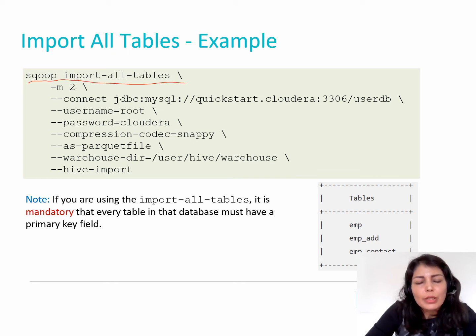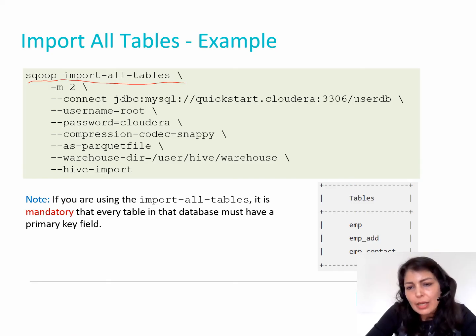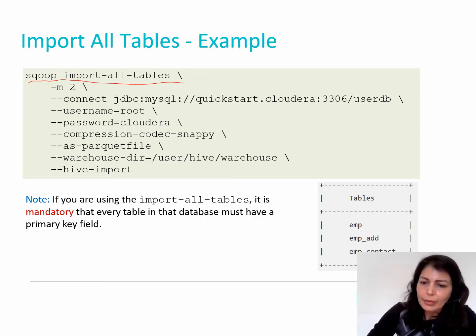Another important note: if you are using import all tables, it's mandatory that every table in the database must have a primary key. This is really important. If you use this command, as you can see, you will import all three tables in our database to HDFS.